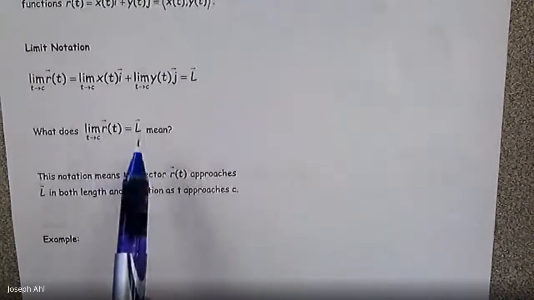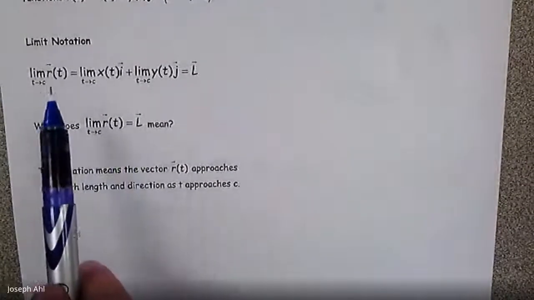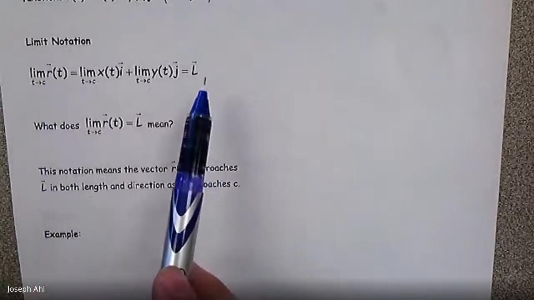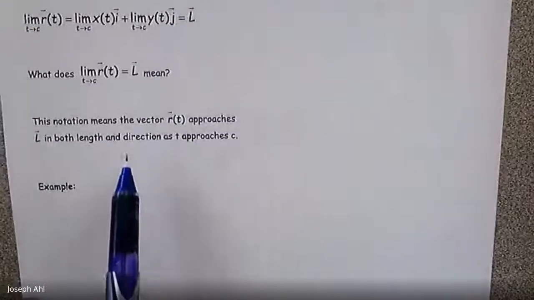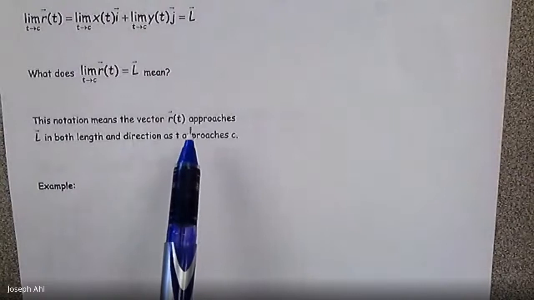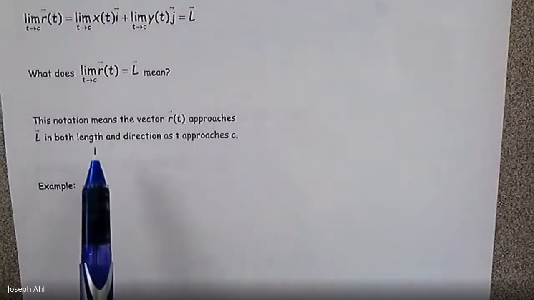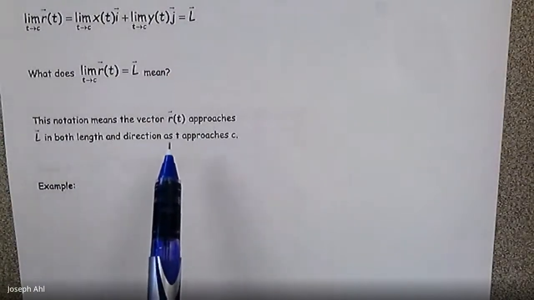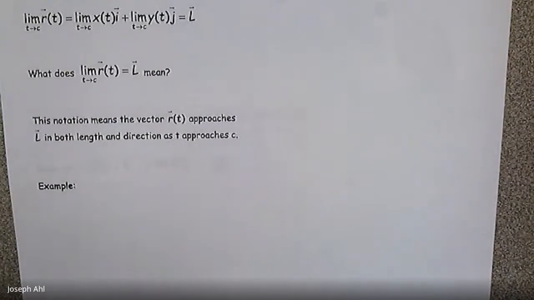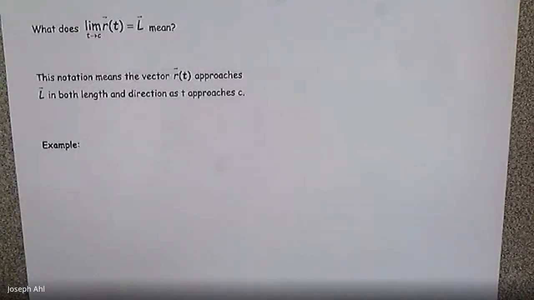So what does this actually mean, that notation, that the limit as t goes to c of r of t equals some vector L? It means that the vector is approaching L in both length and direction as t approaches c. So as t gets closer and closer to c, we're approaching some vector that has a certain length and is in a certain direction.